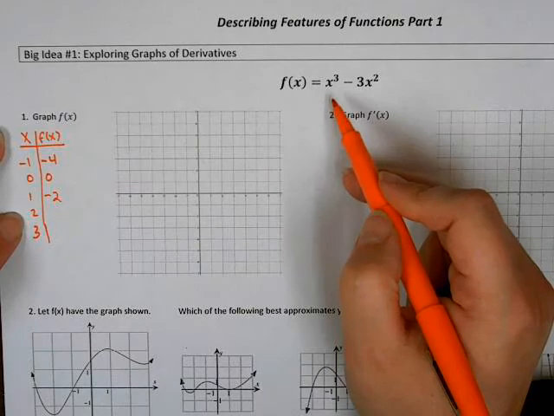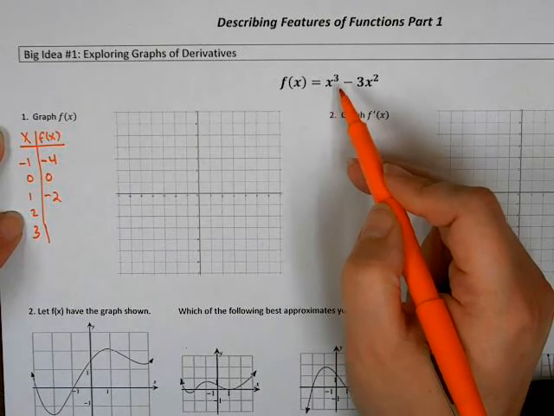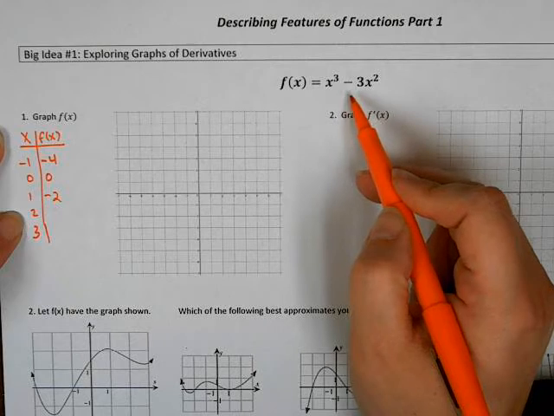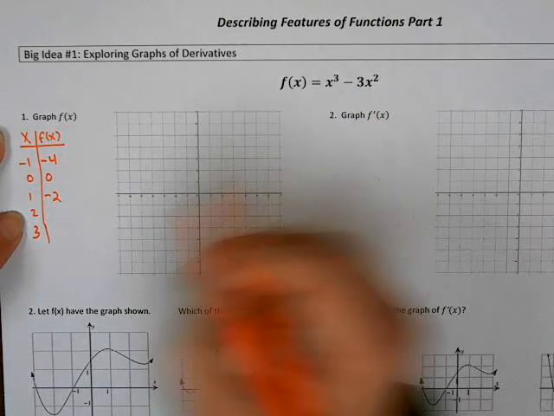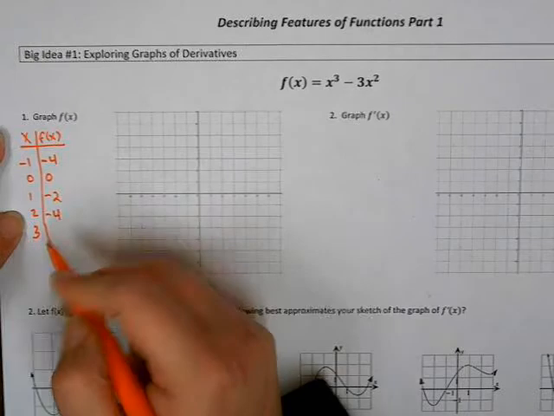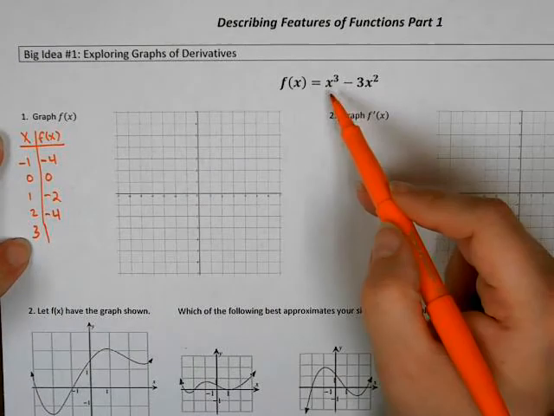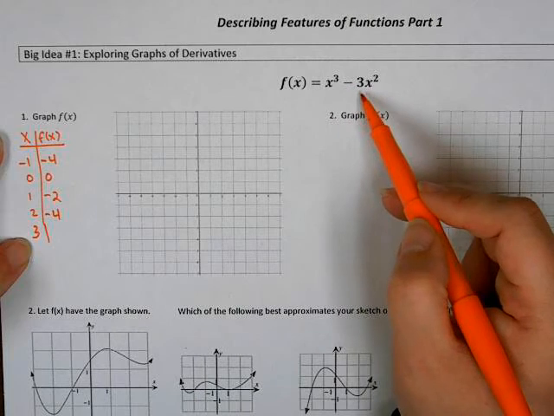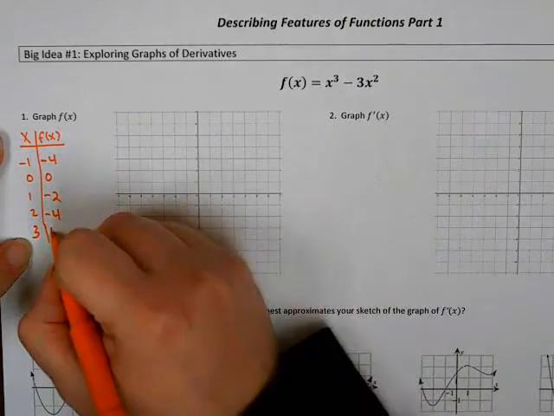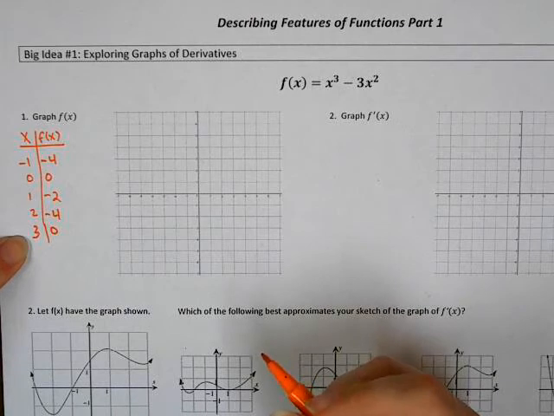If I plug in positive 2, 2 cubed is 8, minus 3 times 2 squared, so 8 minus 12, so I get -4. And if I plug in 3, 3 cubed is 27, minus 3 times 9, so minus 27, so I get 0. I know I just did that super fast.